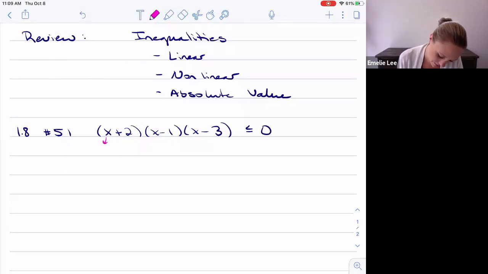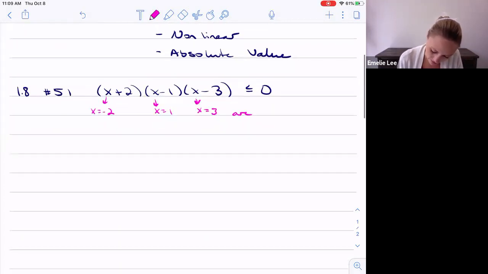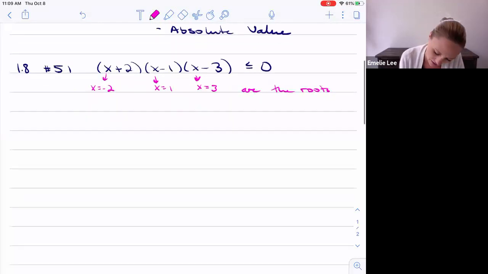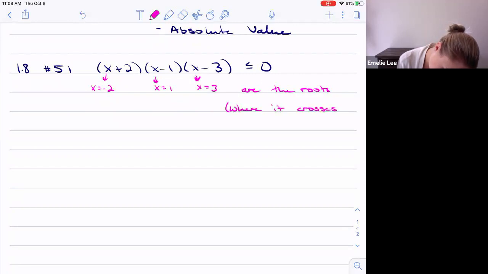Because here, x equals -2 and x equals 1 and x equals 3 are the roots. We said the roots are where it crosses the x-axis.